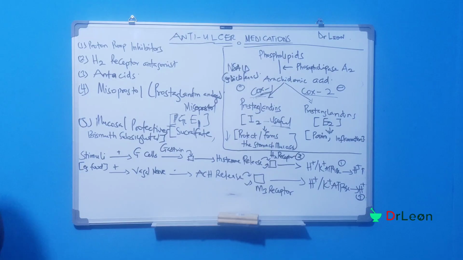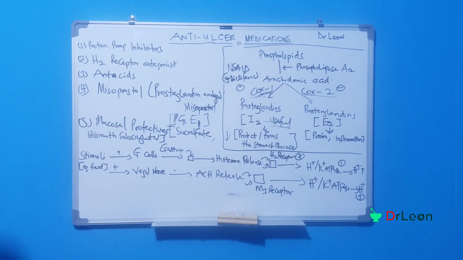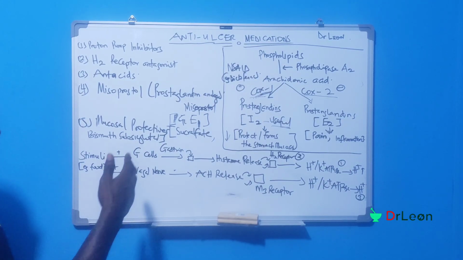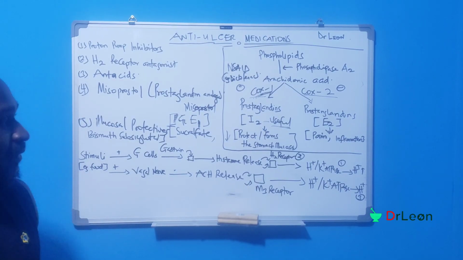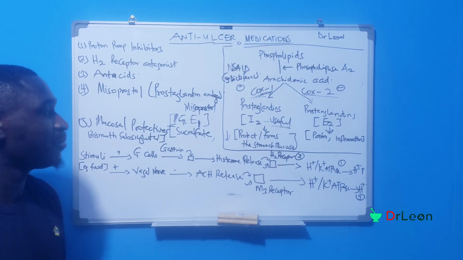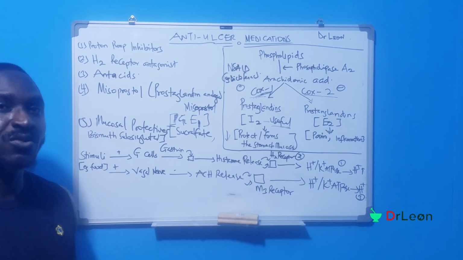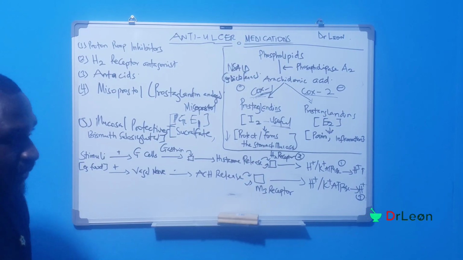So basically, they protect the ulcer layer from further damage, so that the ulcer will be able to heal well. Aside from them being mucosal protectives, for example, the sucralfate also stimulates production of bicarbonates. That's one of the protective factors that we talk about. Production of prostaglandins. That's also the useful prostaglandin. That's also one of the protective factors that we talked about.